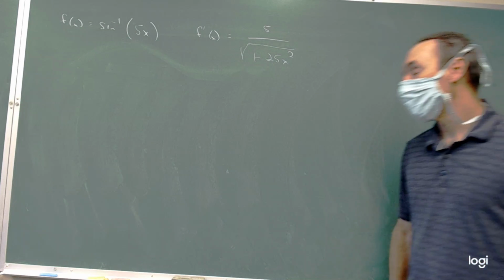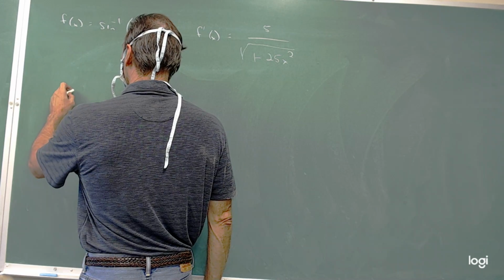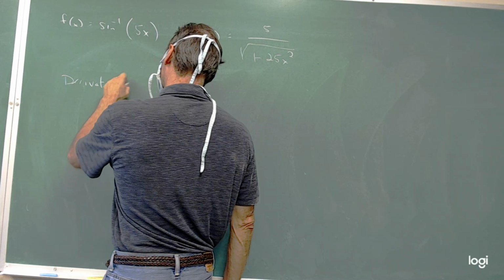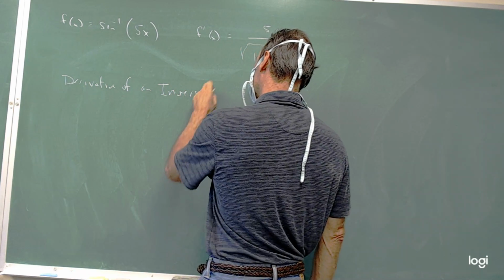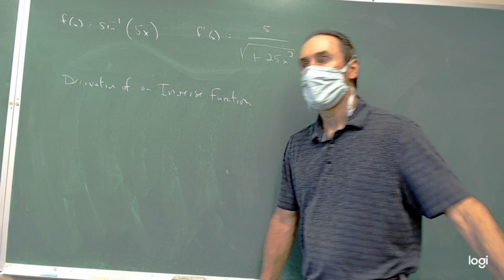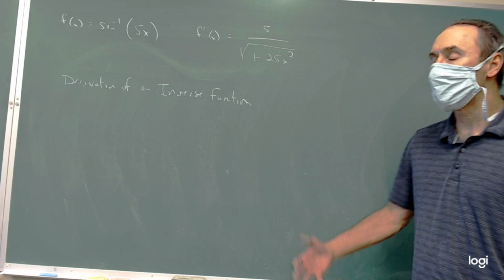Now, we also have the derivative of an inverse function in general. And this is, I think, one of the trickier things in calculus here, and you don't use it very much.